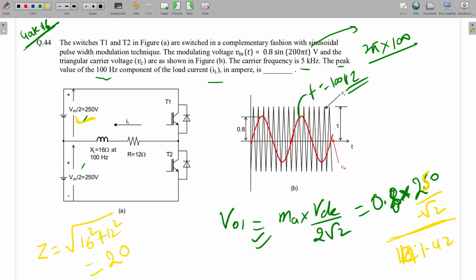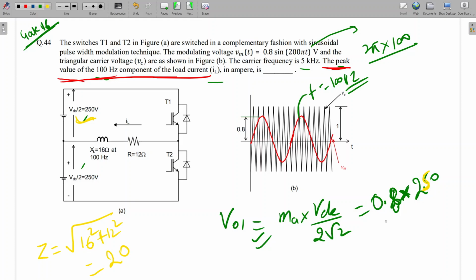Here one thing we are making a mistake. What are they asking? They are asking the peak value, not the RMS value. For the 100 hertz component, root 2 is not required here. We should be careful whether they ask for the RMS value or the peak value.